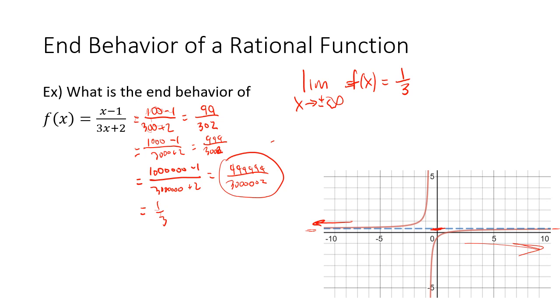When I plug in negative infinity, if I had negative 1 million, negative 1 million minus 1 divided by negative 3 million plus 2, this would be just more than 1/3, a little bit more. So notice when we plug in that negative big number, we're above the line 1/3 here, and we're below the line 1/3 here. That's an important observation. So that would be the end behavior of this one.